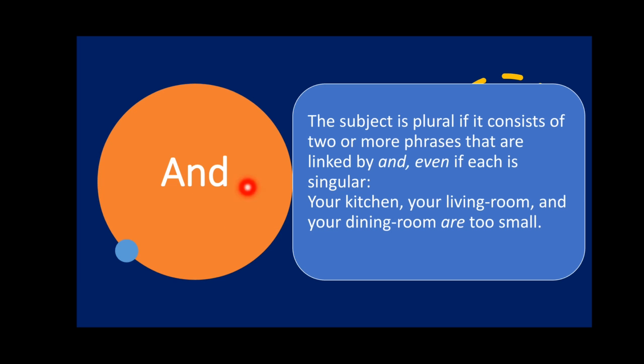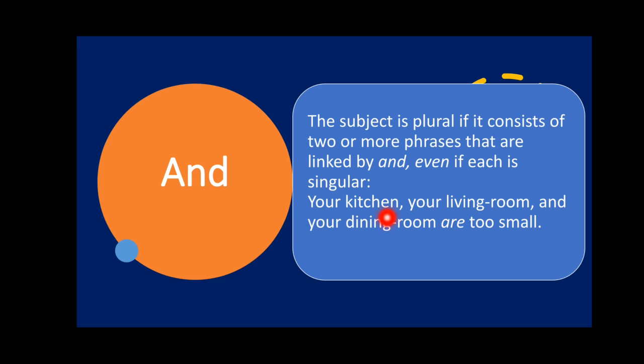Conjunction and. The subject is plural if it consists of two or more phrases that are linked by and, even if each is singular. For example, your kitchen, which is a singular subject, your living room, which is a singular subject, and your dining room, which is also a singular subject. But we use here the verb are, which is a plural verb, right?